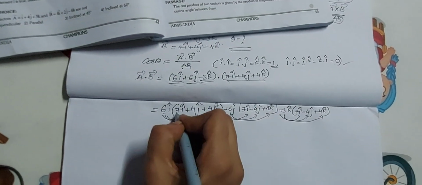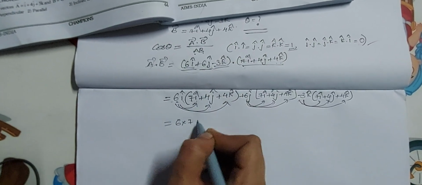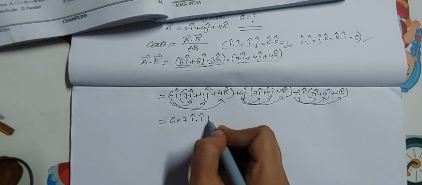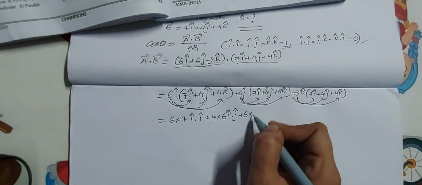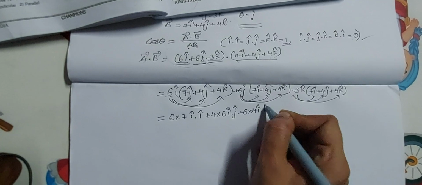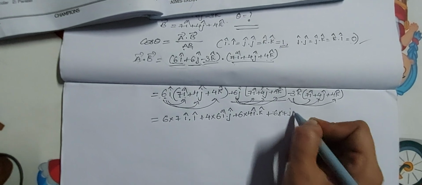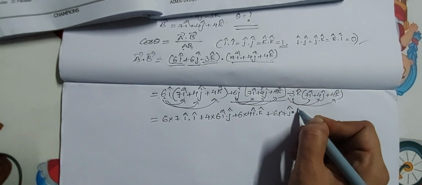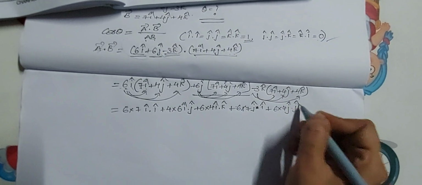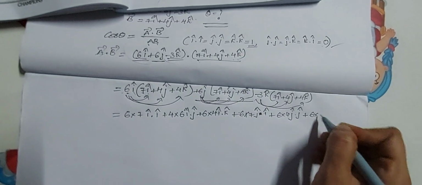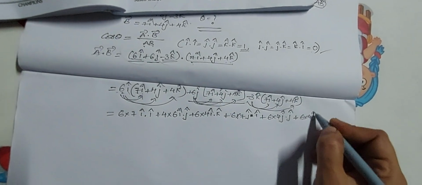And now, firstly, let me write the multiplication of these numbers and then the caps. Then it is 6 into 7, i cap dot i cap, plus 4 into 6, i cap dot j cap, plus 6 into 4, i cap dot k cap. In the same manner, coming to the second one, 6 into 7, j cap dot i cap, plus 6 into 4, j cap dot j cap, plus 6 into 4, j cap dot k cap.